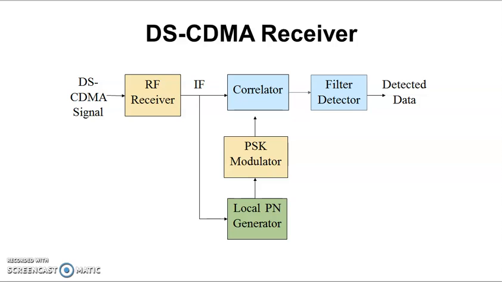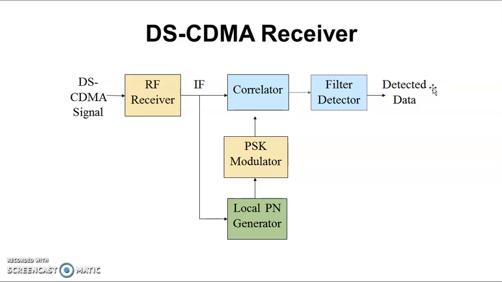So we have a local PN generator here. The received signal is correlated, and this is about your local filter, so that we are able to detect the signal. The received IF signal, which is modulated with PN and data signal, is correlated with the locally generated PN modulated signal.